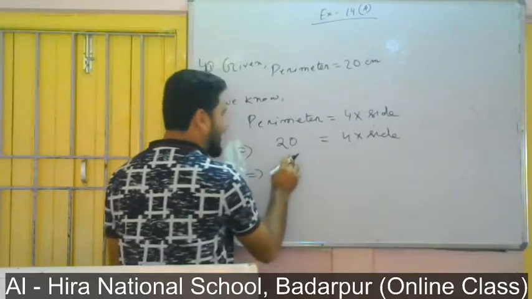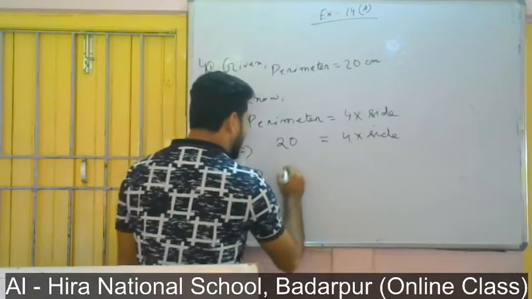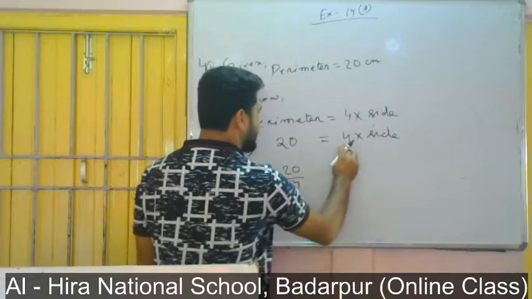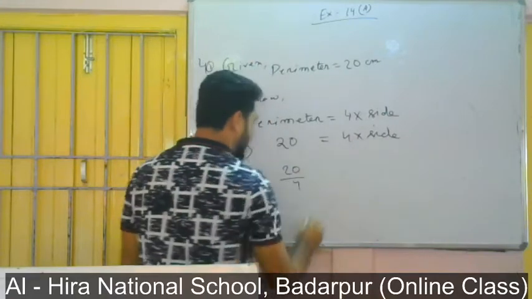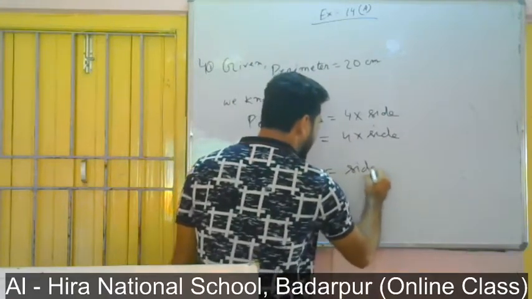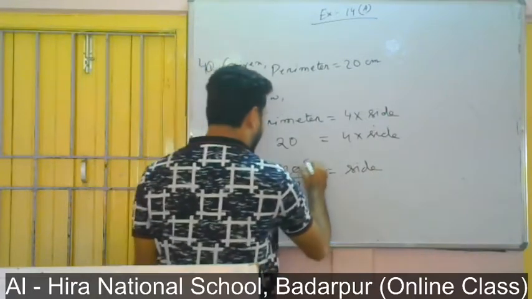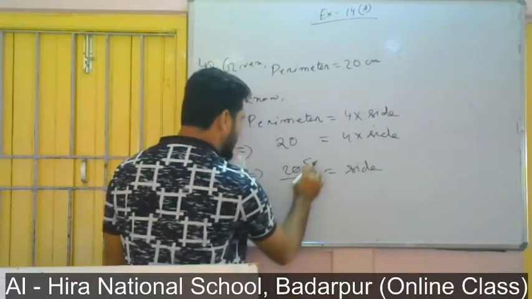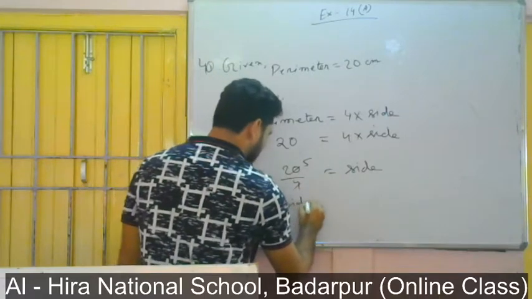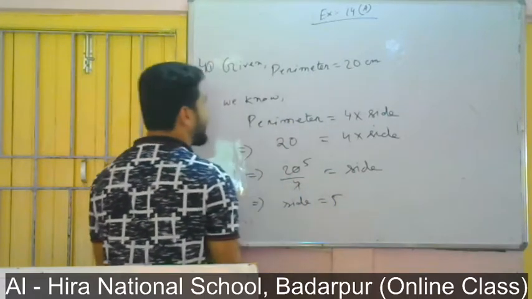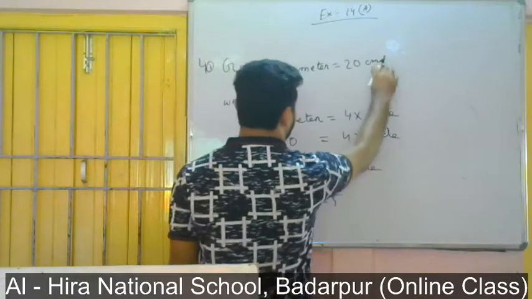If I take this 4 to the right side, it will come as division, because 4 is in a multiplication relation with side. So here only side will remain. If I cancel, then I will get 5. So I can write side equals to 5 centimeter.